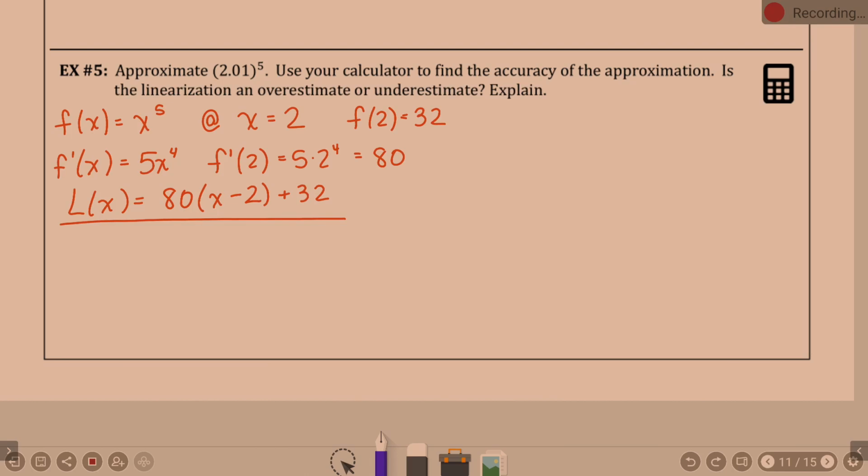They ask us to approximate 2.01 to the 5th. So we're going to find L of 2.01. Probably ends up being an underestimate. We're still using a calculator here, although I could do this one without a calculator, really. It's going to be 32.8, right? Mm-hmm.